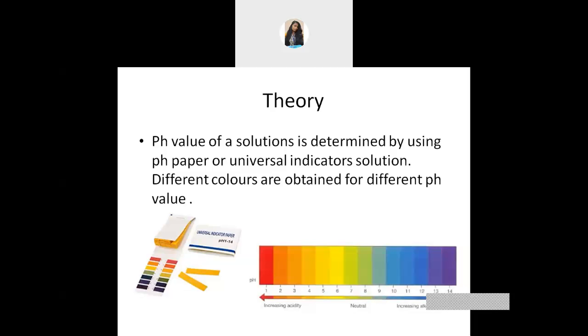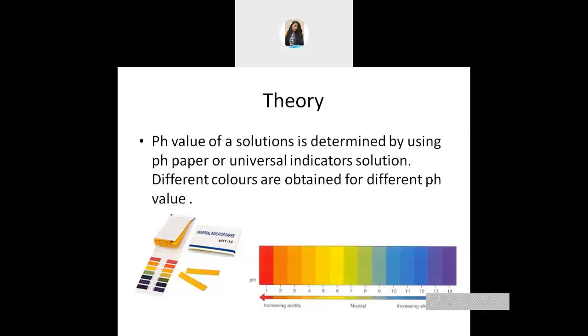Now, let us consider solution 2. If you dip this pH paper in solution 2 and its color changes to blue, light blue or dark blue, then the solution will be basic in nature, because for blue color the pH value stands at 11, 12, 13, 14 like that. So a pH value above 7 stands for a basic solution.